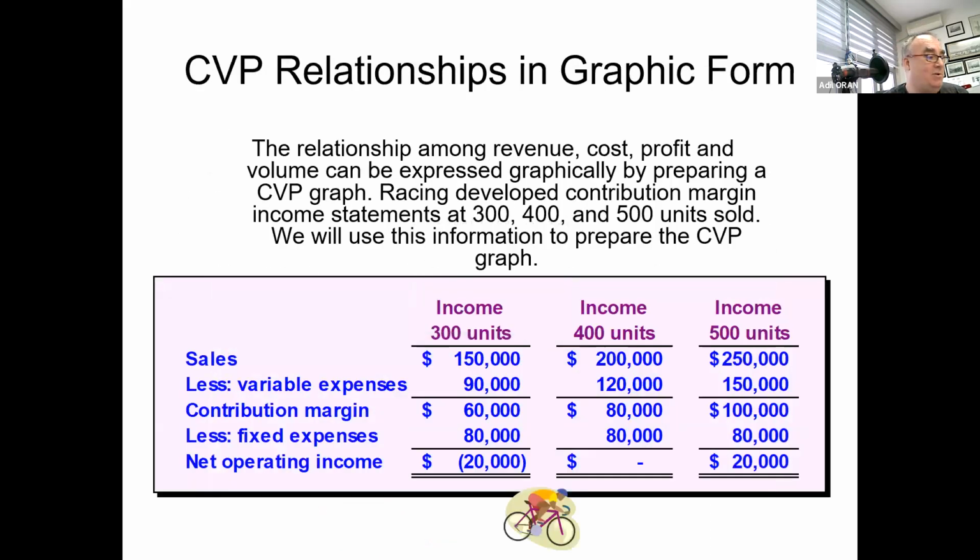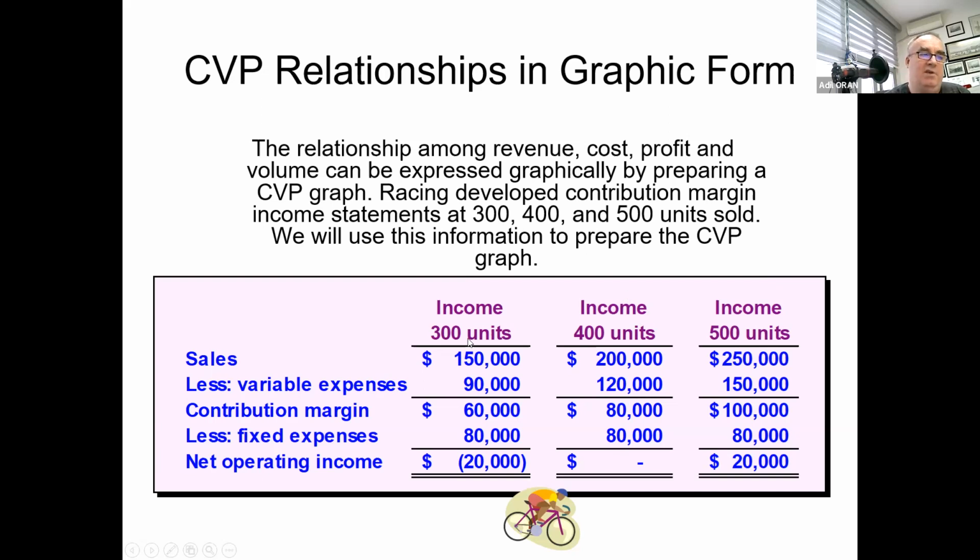So let's take a closer look. Here we have the different amounts. Revenue, cost, profit: if you had 300 versus 400 versus 500 units, what would the relationship look like? Well, we know this is break even.